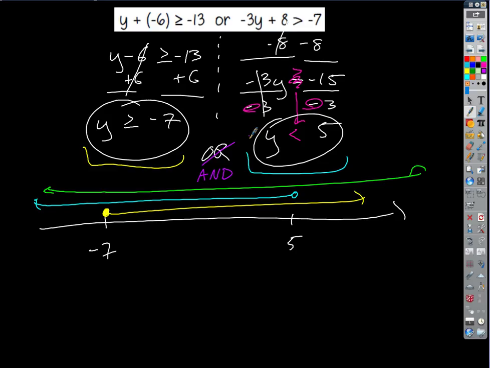Where would that be? Well, wouldn't that just be starting there? I could go over to, but I couldn't include that endpoint, could I? Because it's actually not blue. It's empty, right? See the difference? Okay. So an and is more restrictive. Or is more forgiving. It includes more stuff. Okay? Make sense?